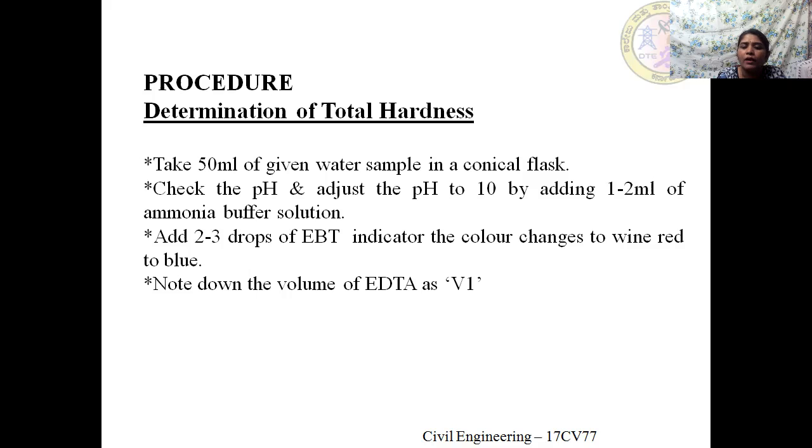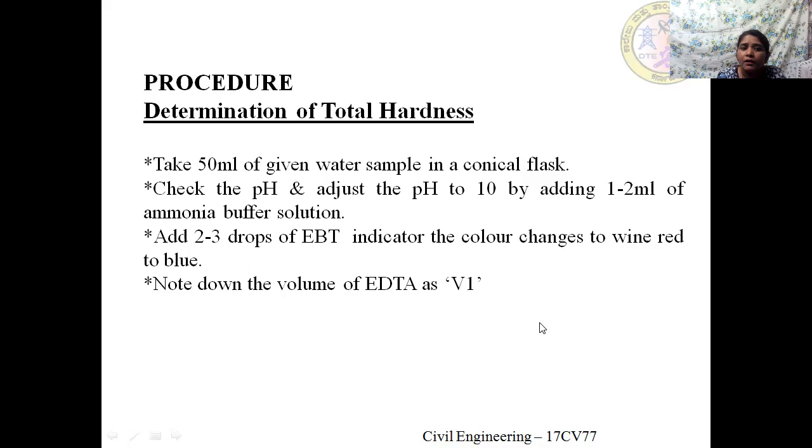We note it down as V1, the volume of titrant EDTA added. So in this particular determination of total hardness, it is the sample, 2 ml of ammonia buffer solution, and EBT indicator, which gives a wine red color, and the end point after titration is blue color.